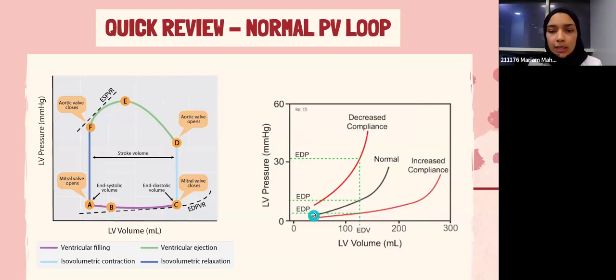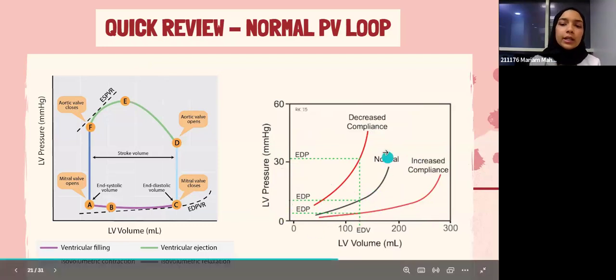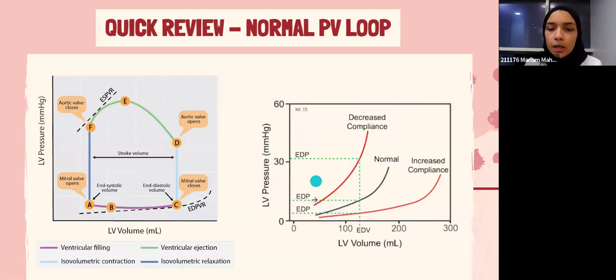In the normal case, when the left ventricular volume increases, there will be an increase in pressure. It's not linear, meaning it's not a straight line, because at higher volumes the left ventricle will not stretch more, so the pressure will increase much faster.